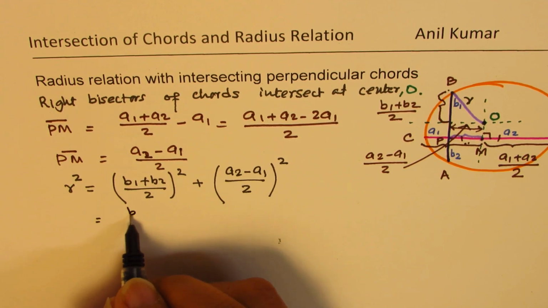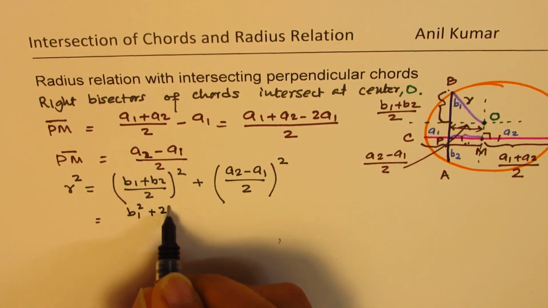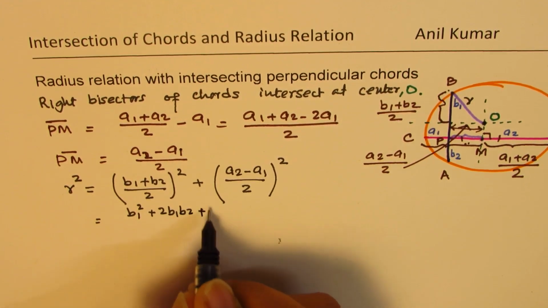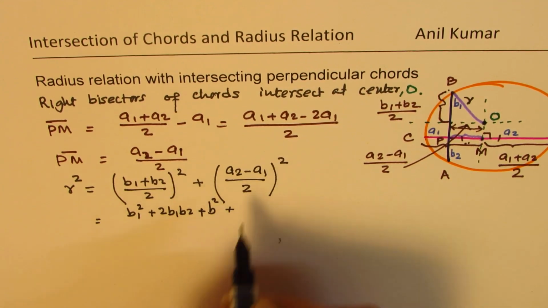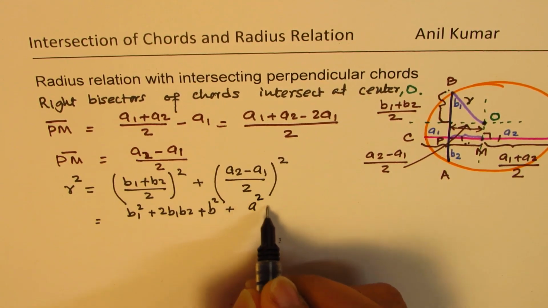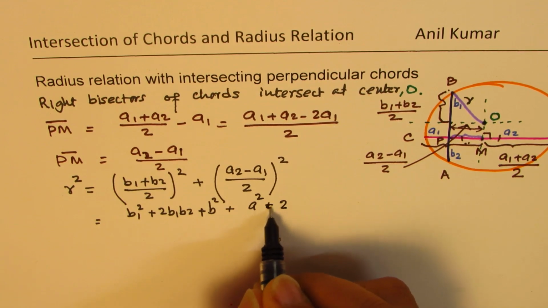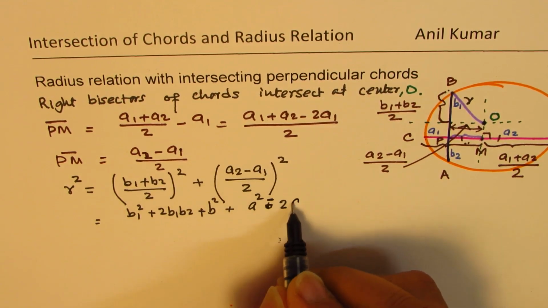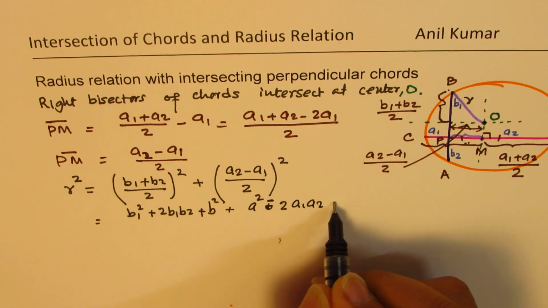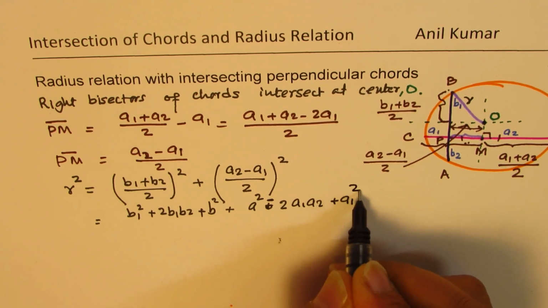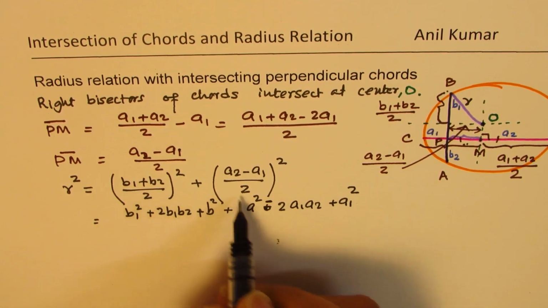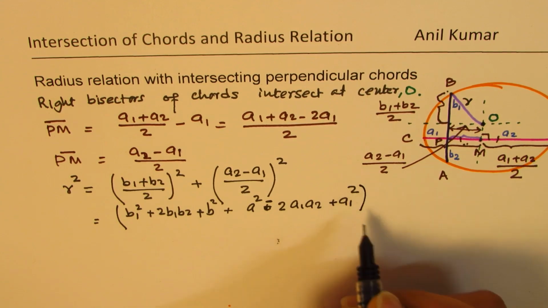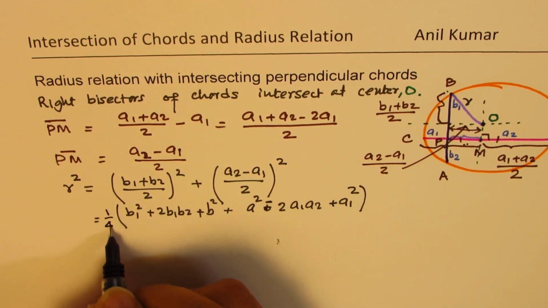So what we get here is b1 square plus 2b1 b2 plus b2 square, and in this case we get a2 square minus 2 a1 a2 plus a1 square, correct, divided by 4. So we can write 4 as 1 over 4 here. Clear?